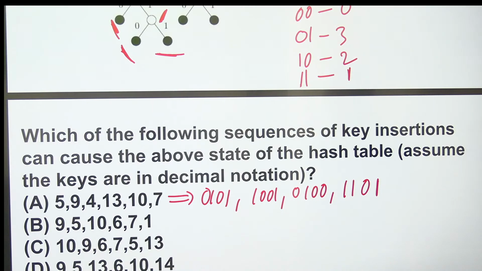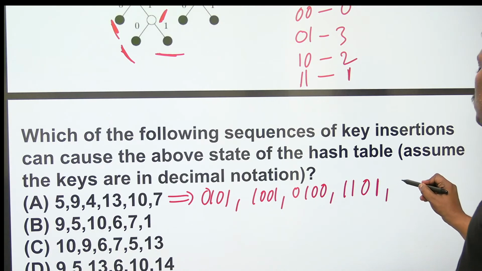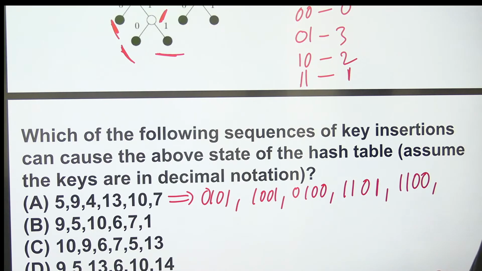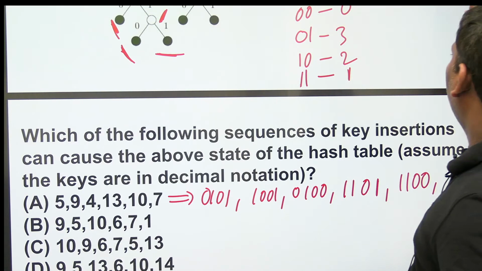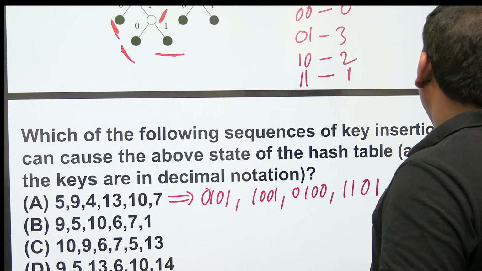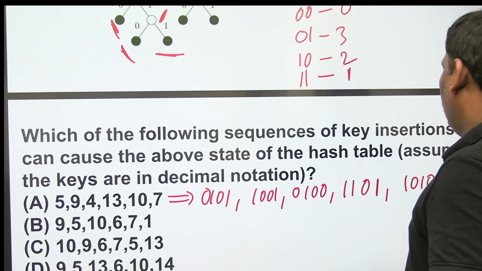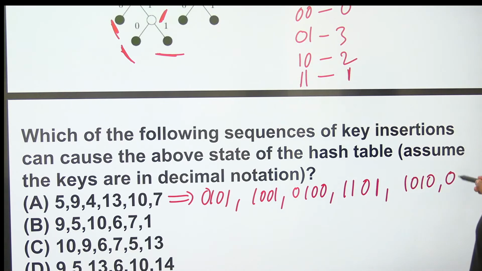What about 10? It's going to be 1010. What about 7? 0111. Now I think if you observe clearly, see one time properly.